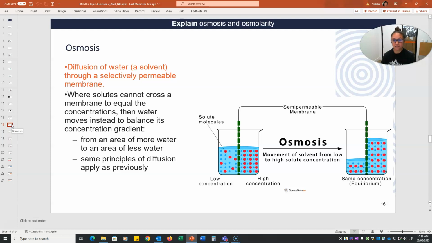Osmosis is the movement of water molecules from an area of high concentration to low concentration. So osmosis is just a type of diffusion.